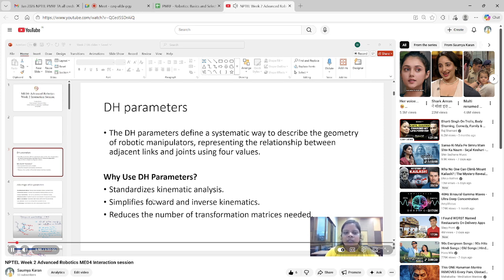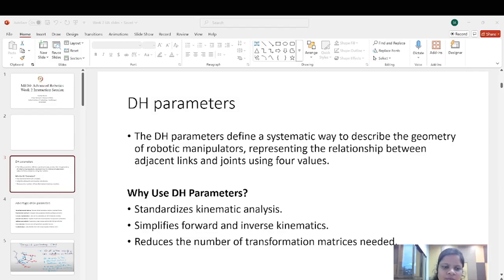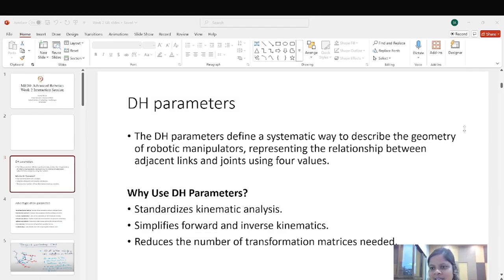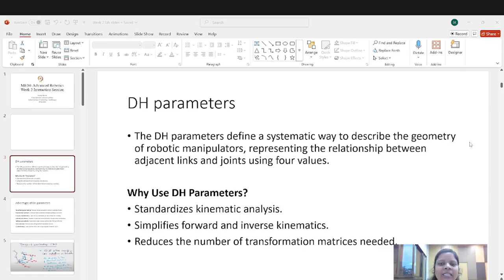You need not calculate everything and go on solving with respect to different axes of rotation and different translations. You don't need to do that. So it actually standardizes kinematic analysis. It also simplifies the forward and inverse kinematics. Forward and inverse kinematics is something that you'll be seeing in the next week, so you might be going through the lectures for them.